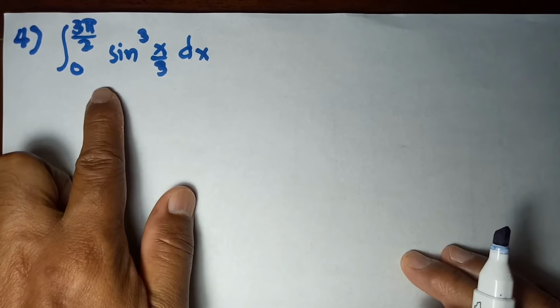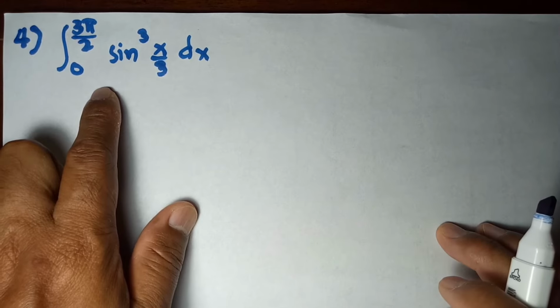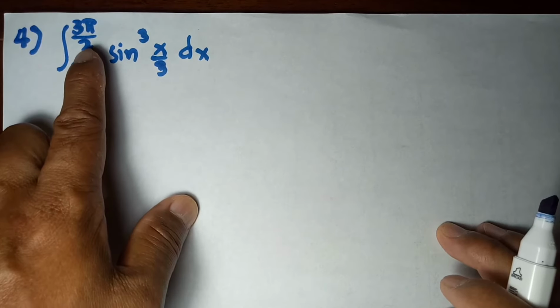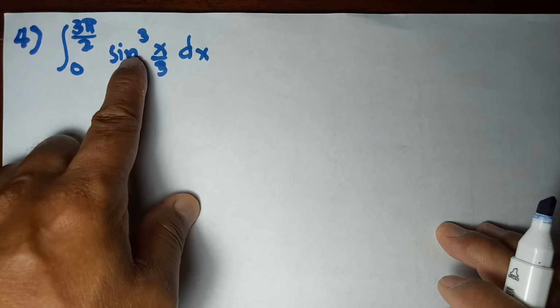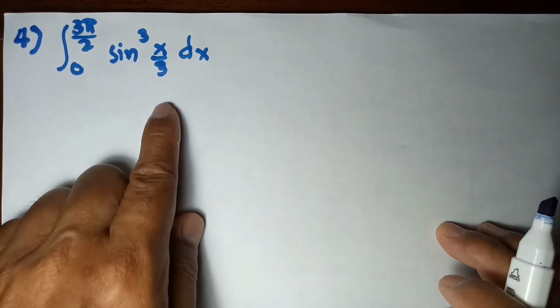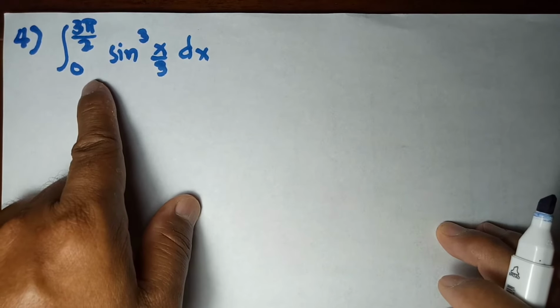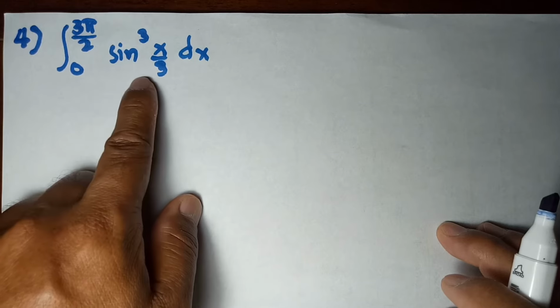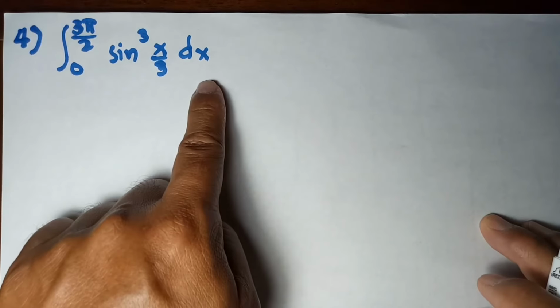Okay, next, example number 4. Integral from 0 to 3 pi over 2 of sine cubed of x over 3 dx. So, hindi natin basta-basta pwedeng gamitin yung Wallis formula. So, magsa-substitution ulit tayo.